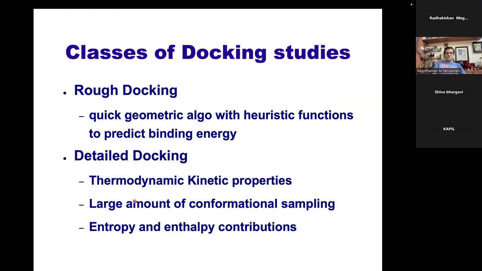Okay. So, as I said, you can screen good binders or eliminate bad binders in rough docking. And you can look at how each binder is working in a particular way by doing a detailed thermodynamic calculation and all that. So you cannot do this for a million compounds. You can do docking for a million compounds.